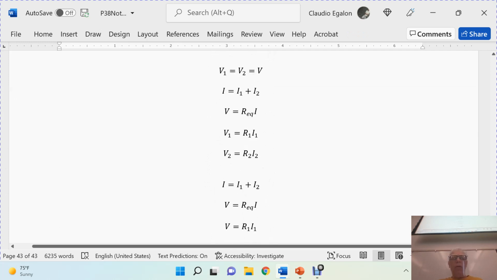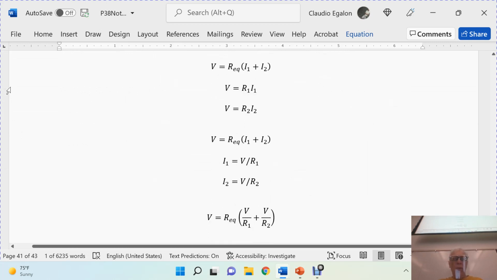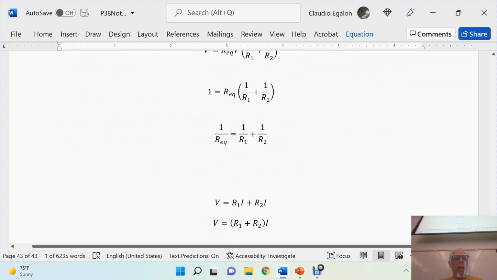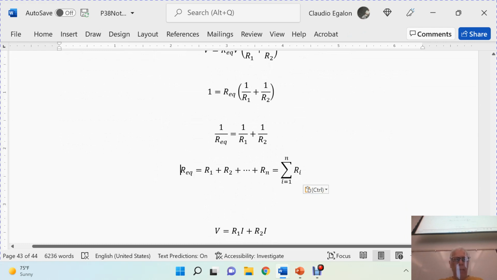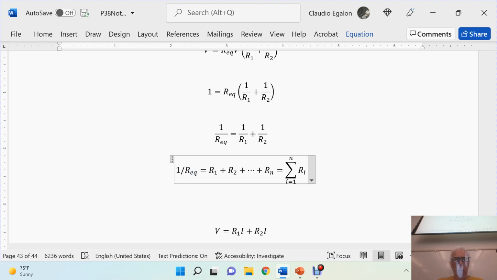Okay, so if for resistors in series we get something like that, for resistors in parallel we get something like that. We get the inverse. Like that.